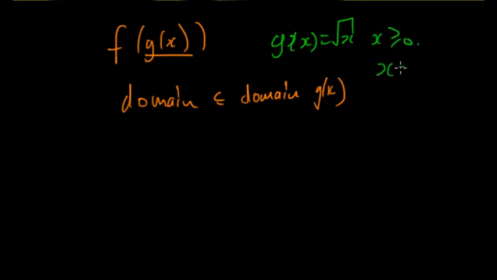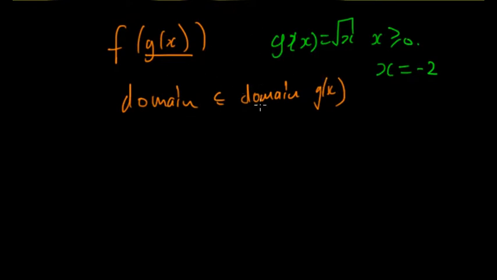So you can't have x is equal to -2, because no matter what the function f is, if g(x) is not defined, then f of g(x), or the f∘g, will also not be defined. So this domain could be x is just greater or equal to 0, but it may also be less than, so it could be a smaller set. And then we'll talk about that in a second.